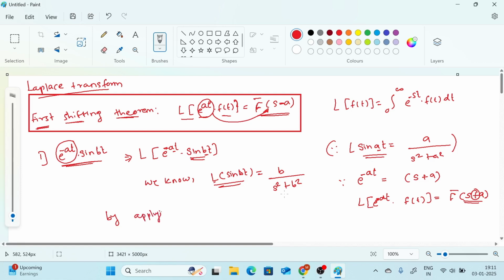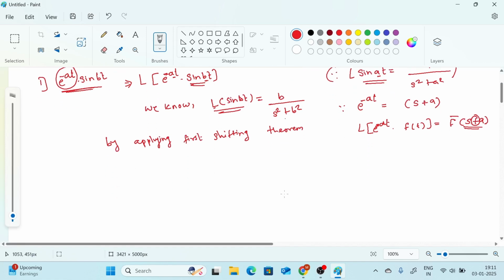So now by applying the first shifting theorem, what we have to do here, only in the place of s, you have to put the value of s plus a.